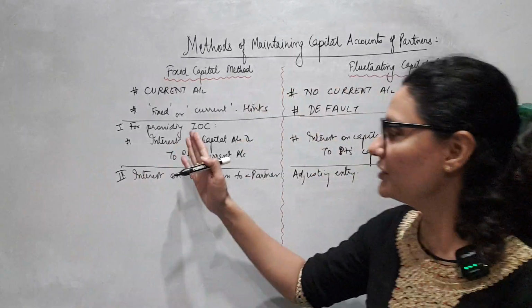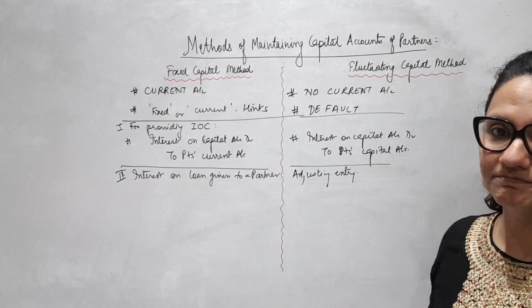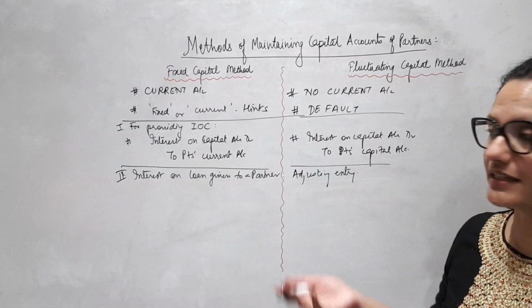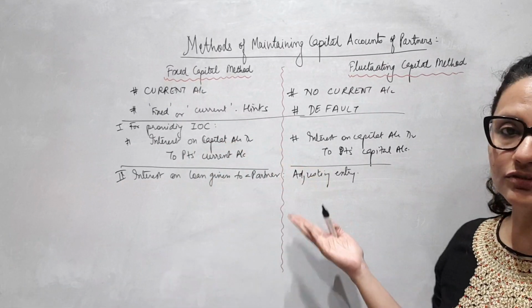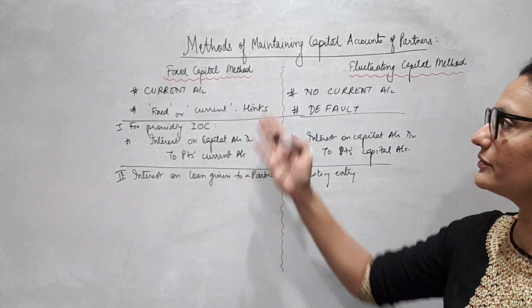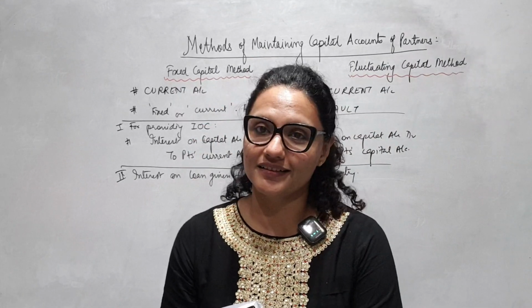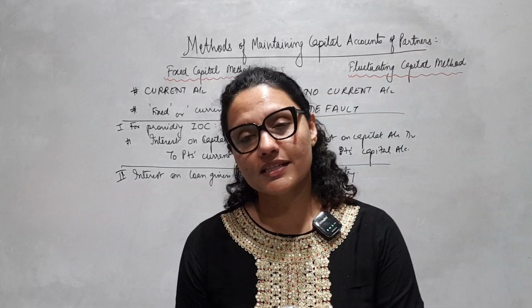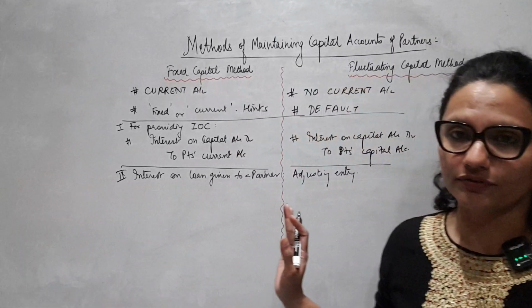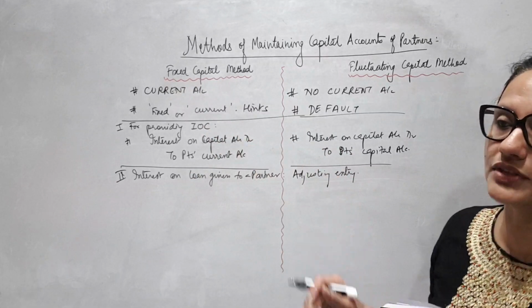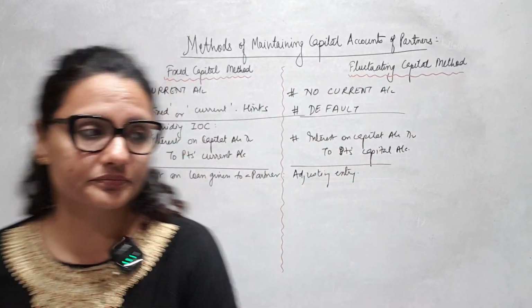What is the closing entry for interest on capital? Tell me. Usually it is PL appropriation to interest on capital. Doesn't make a difference whether I am making the accounts as per the fixed or fluctuating method. Understood? So closing accounts are independent of the method. It's only the adjusting entries that will differ.